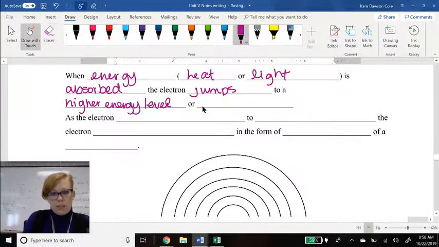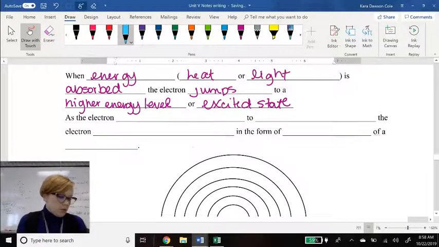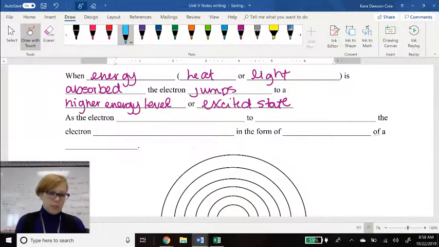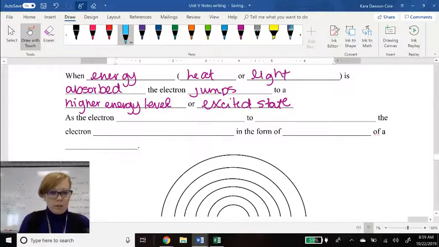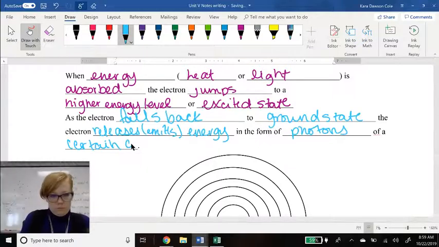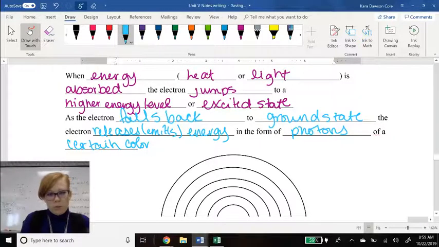As the electron falls back to the ground state, it emits energy in the form of photons of a certain color. So this is how we get the color of light that comes off. Remember, photons are light.